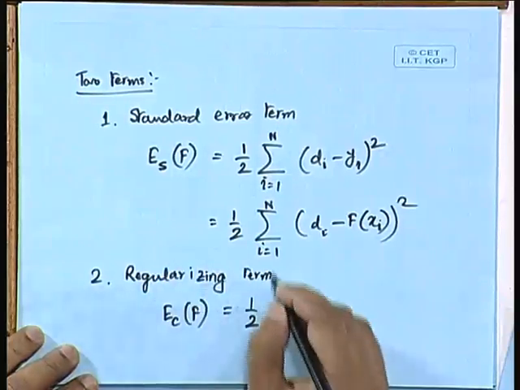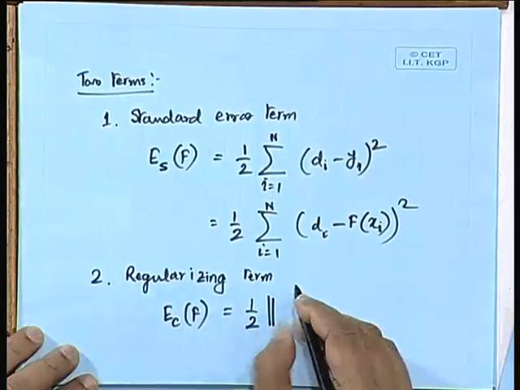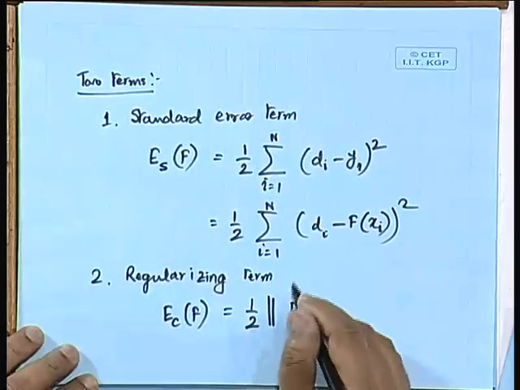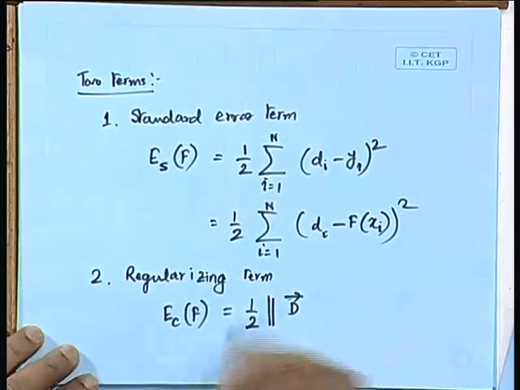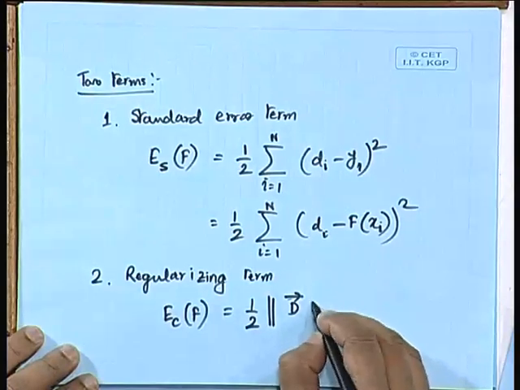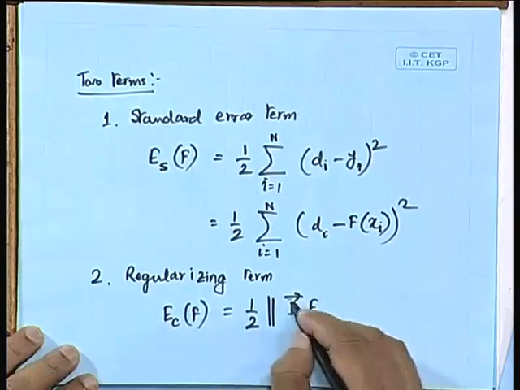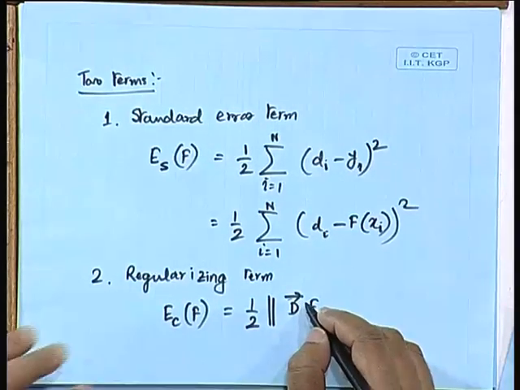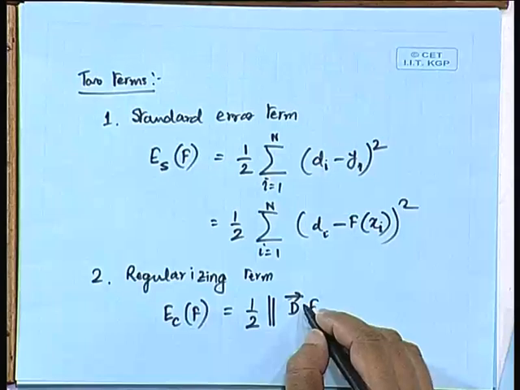So, in order to take the smoothing into consideration, we are introducing this regularization term, which is defined as half, again this half is used for consistency, of the squared norm of D acting on the function f. The measure of this regularization is the derivative operator D, which is rightly written in vector notation, because the process of taking the derivative would have to be done in the m0 dimensional space, okay.